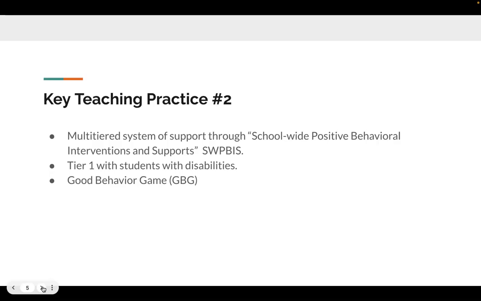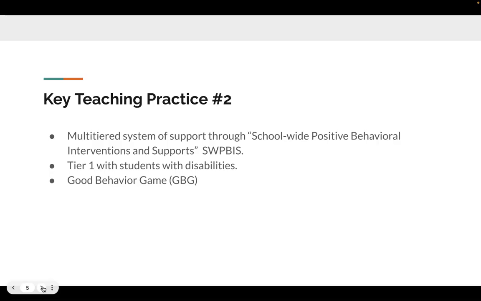My key teaching practice number 2 that I learned from this article is how to apply this to students with disabilities. Adapting group contingencies may require a bit more effort with students with disabilities, but it allows them to be included and to have systems that allow for better behavior and targets to be met in a general education classroom without isolating them.